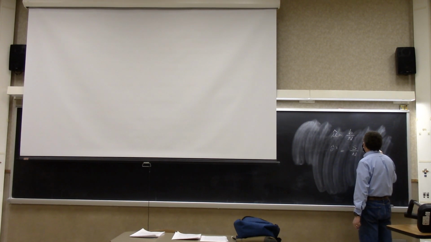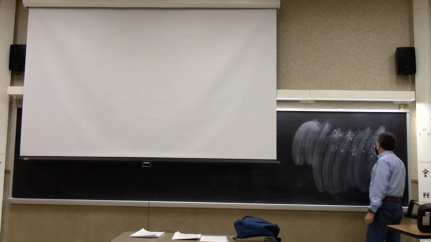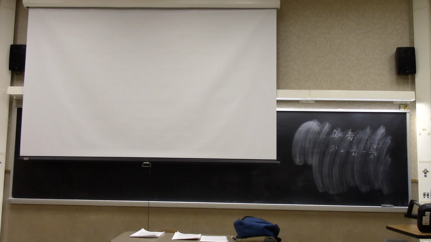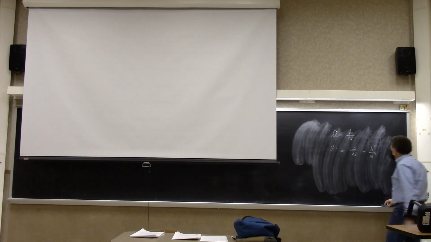So it's going to be S over N minus B squared over N squared. Does that look right? It must be. Yeah, it's in the notes.